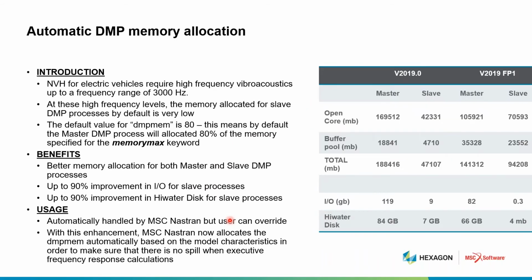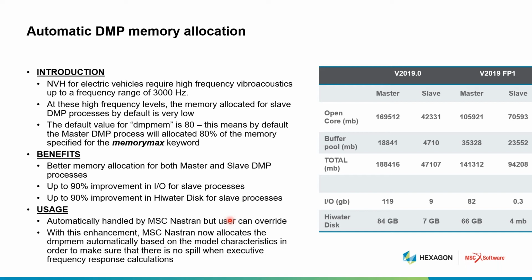So let's move on. Automatic DMP memory allocation. Again, as these high frequencies for electric cars reach high frequency levels, the memory allocated for slave DMP processes by default is very low. The default value for DMP mem is 80.